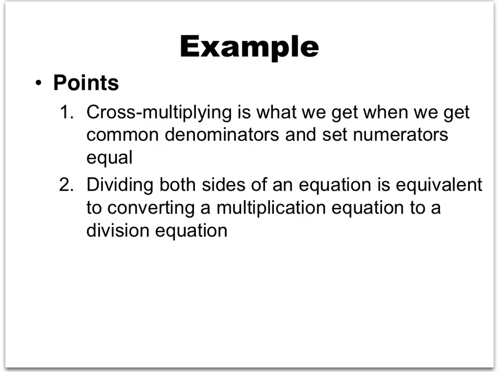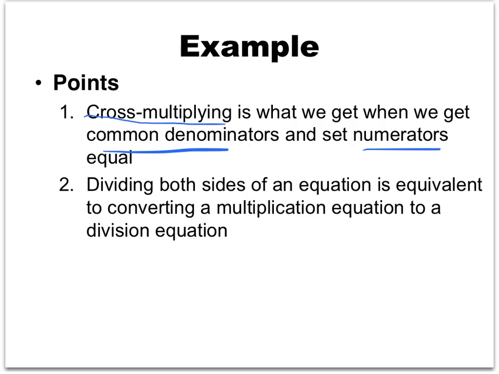So two points here I hope that we note. Number one, that cross multiplying is what we get when we get common denominators and set numerators equal to each other. So cross multiplication is really just a shorthand way of getting common denominators and then setting the numerators equal.